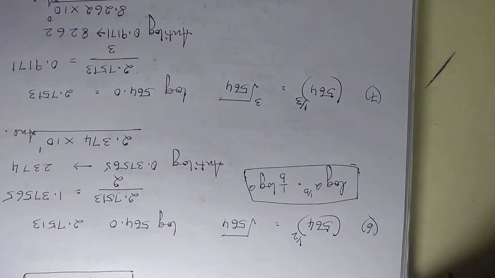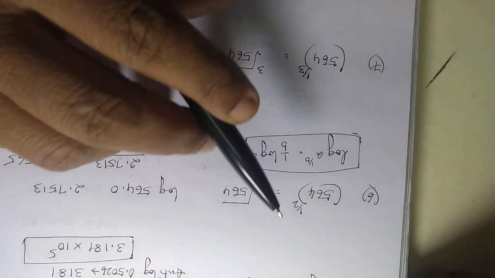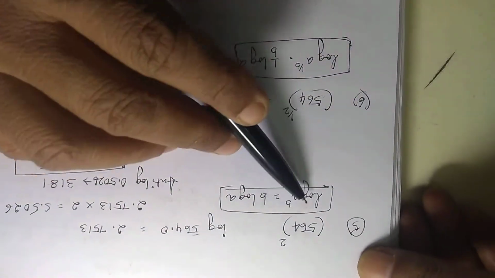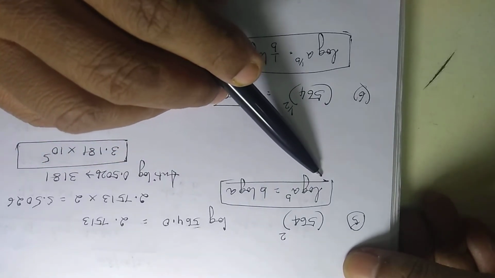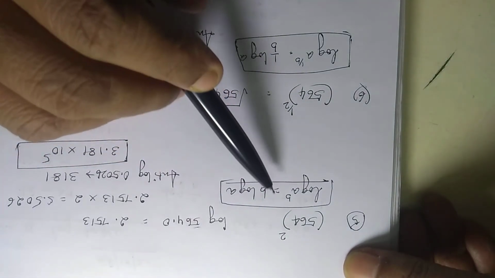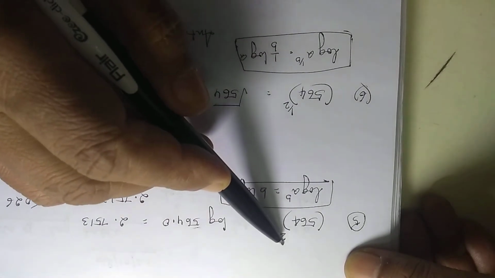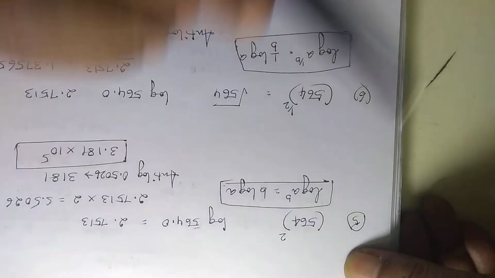Now supposing you want to find the square of a number. Say 564 the whole square. Now here the formula is log a power b is equal to b log a. So b log a, that is b log 564.